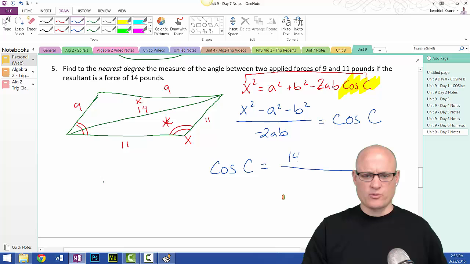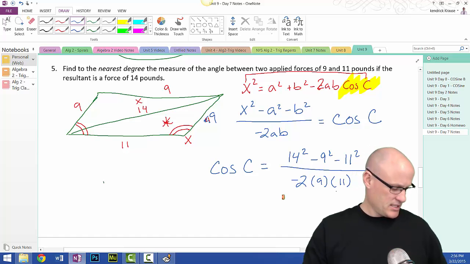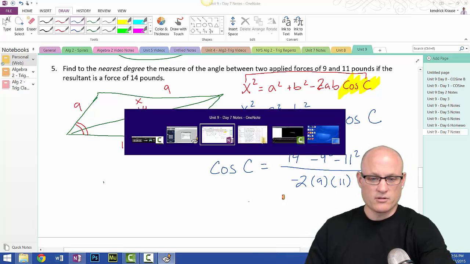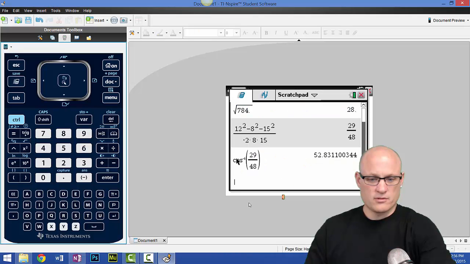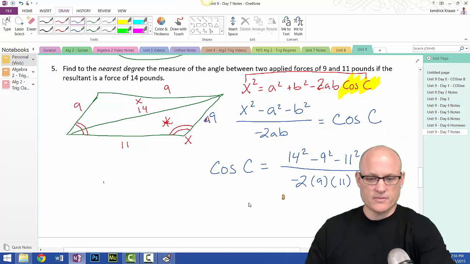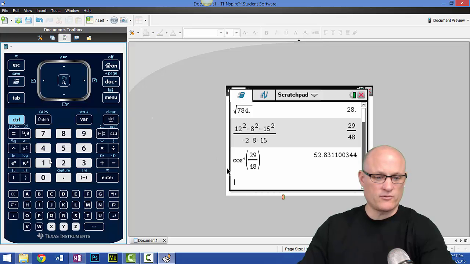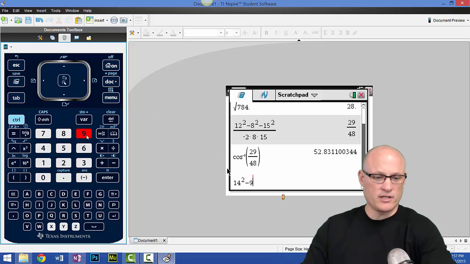So it's 14 squared minus, these aren't both 11, this should be 9, 9 squared minus 11 squared all over negative 2 times 9 times 11. And if you do this, let's do it over because I'm not sure. Let's do this. 14 squared minus 9 squared minus 11 squared all over, oops.